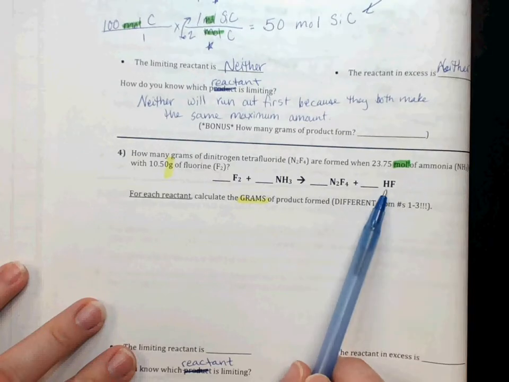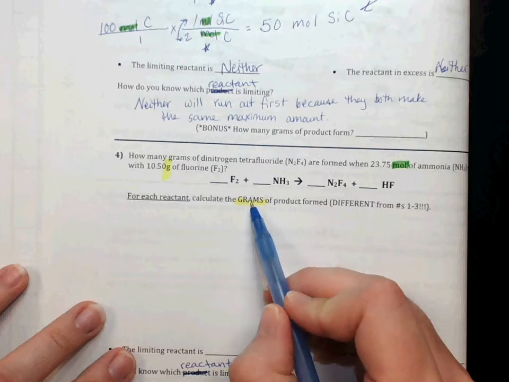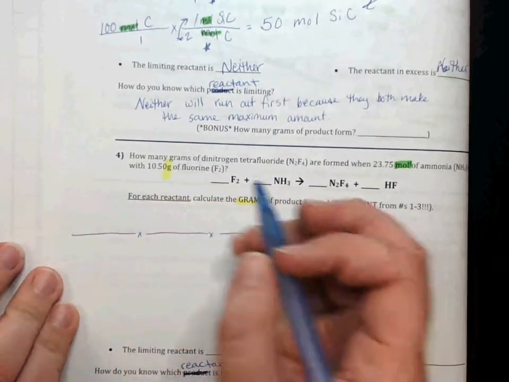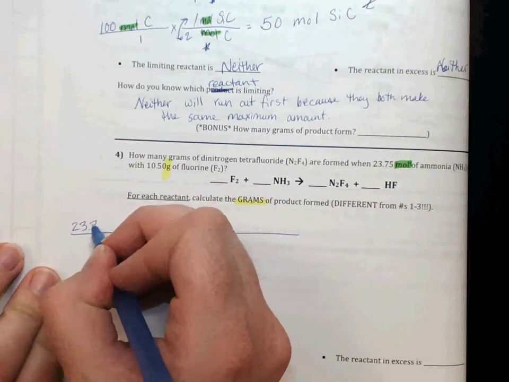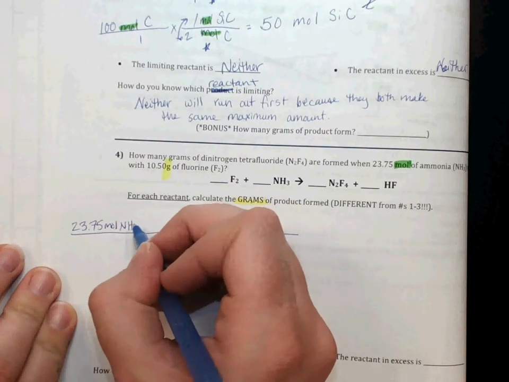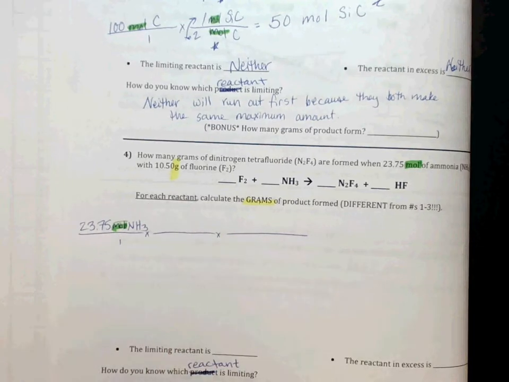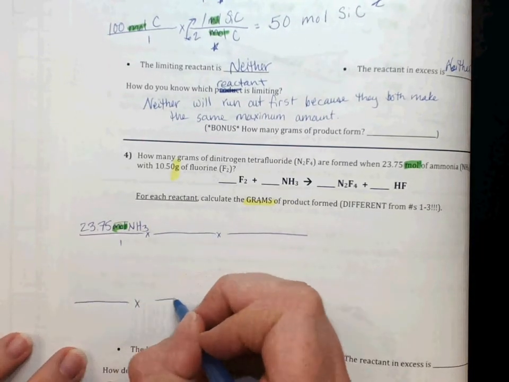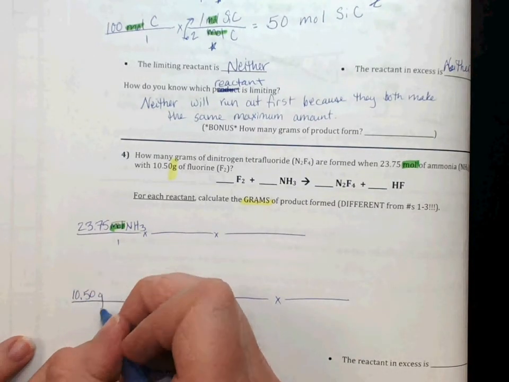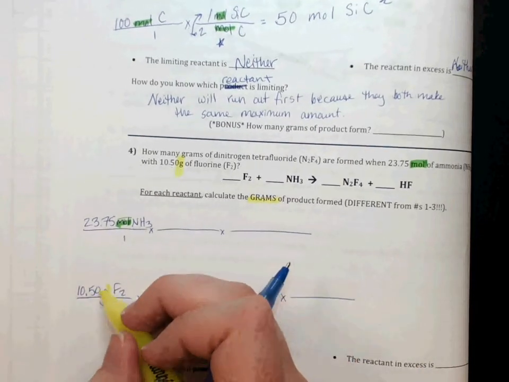That part doesn't matter. Wherever you want to draw your bridge to is fine. But notice one of them is moles and grams. So that's going to be 3 fractions. And the other one is grams and grams. That one is going to be 4 fractions. So just keep an eye on that when you get to number 4.